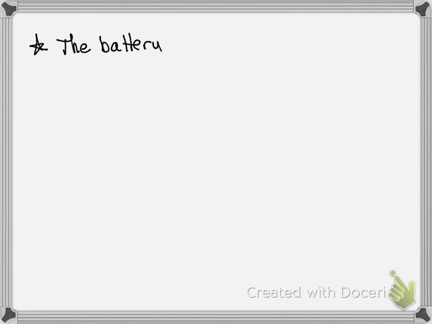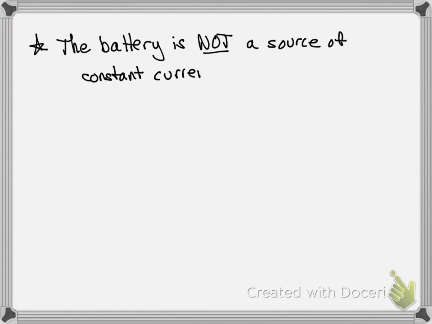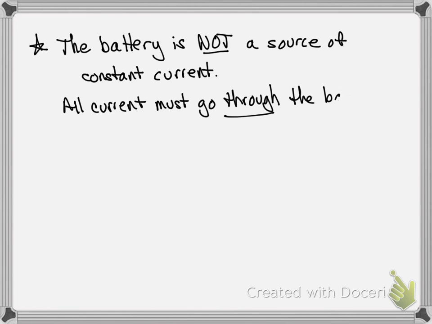Okay, big, starred, important point. The battery is not, as we have seen, a source of constant current. The battery does not have amps printed on the side of it because it does not always have the same current flowing through it. The battery has volts printed on the side of it because it does provide a consistent electric potential difference for an ideal battery.